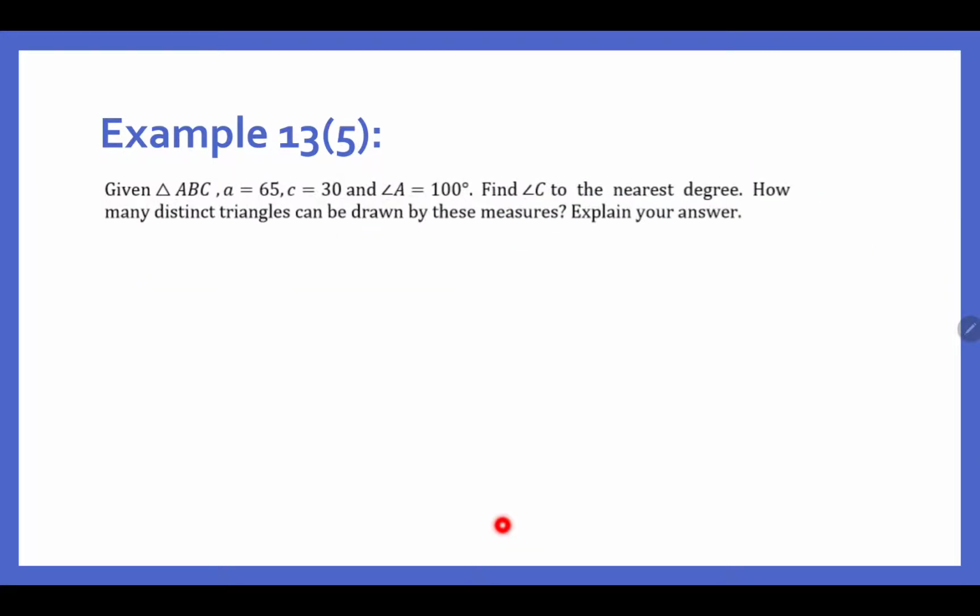Okay, kita tengok example 5. Dalam triangle ABC, A 65, angle A 100. Ini tak nampak 100 sebab 100 sebenarnya lagi besar, saya just lukis roughly sahaja. C dekat sini 30.